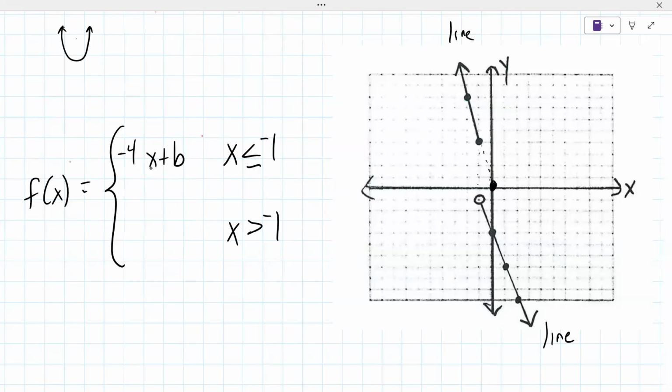Where would it cross the x-axis there? 0, 0. Yes. So what is the y-intercept there? 0, 0. Yes. So b ends up being 0.